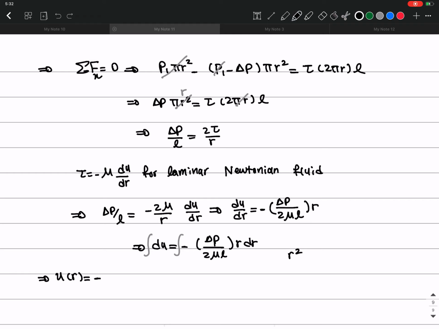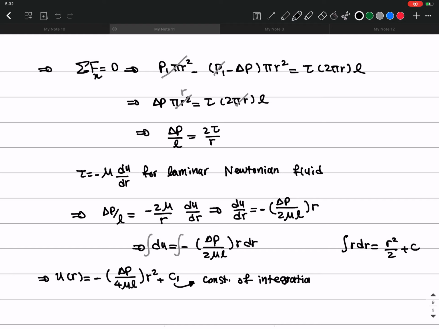Okay, so for those who might have forgotten the calculus, the integral of r dr is r squared over 2 plus c, which is the constant of integration. So here we have the same thing. We are going to have delta P over 4 mu L r squared plus c1, which is the constant of integration. Again, this is a side note.